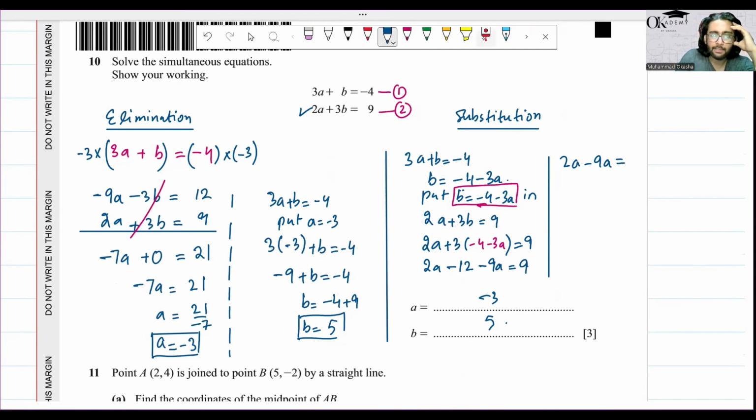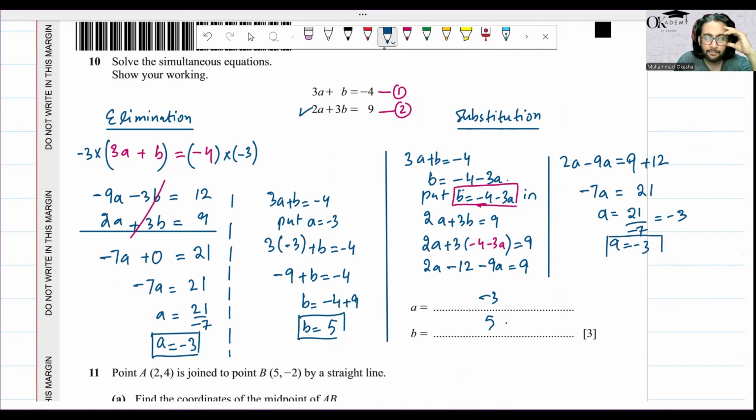If I send this 12 over to the other side of the equation, I am going to get 9 plus 12. So this will be negative 7a. 9 plus 12 is 21. a equals, you might be getting flashbacks of this over here because it's the same thing. It's just done differently. So 21 over negative 7, which is just negative 3. So we got the value of a to be negative 3.